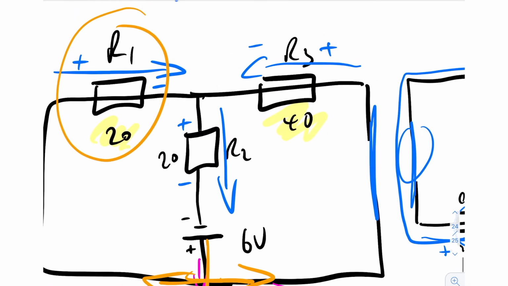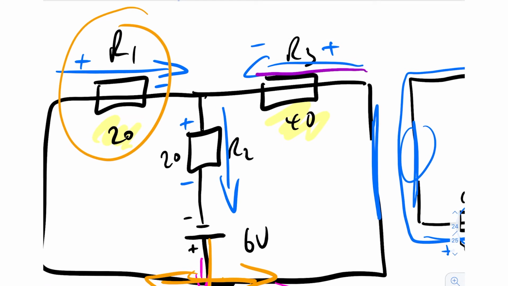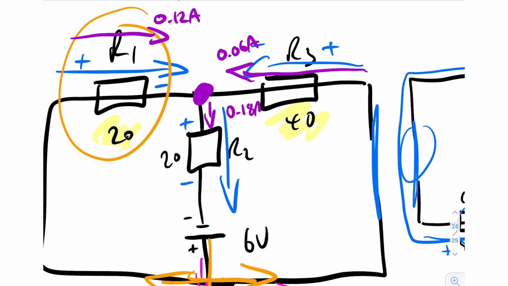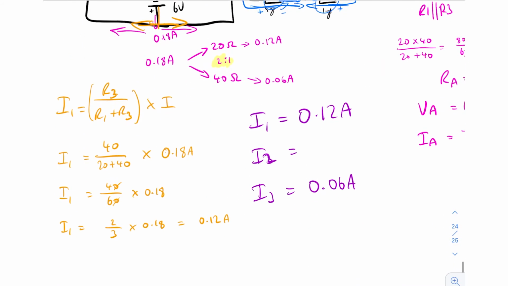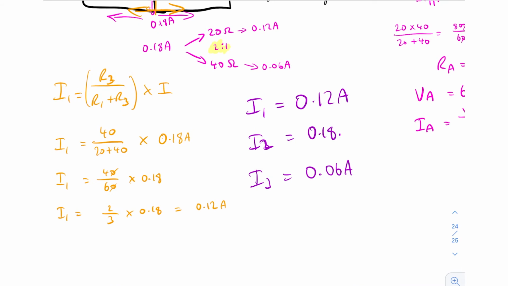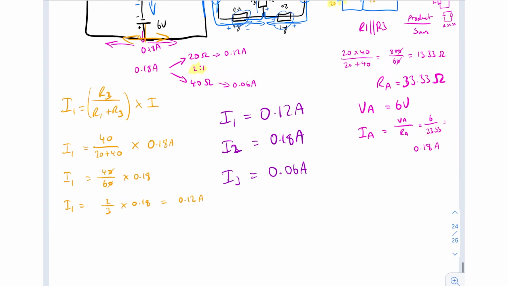So the currents coming, you've got 0.06 amps coming this way, you've got 0.12 amps coming this way. They're both meeting up here and they're coming down this way, so we know that they're just adding together, and that gives us 0.18 amps. So we know that 0.18 amps is in I2.